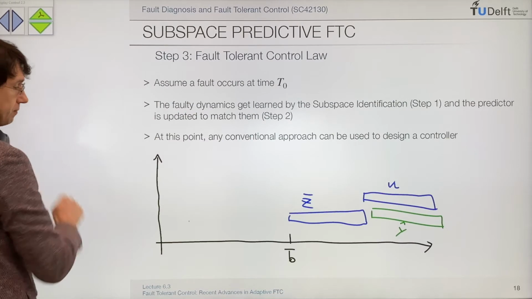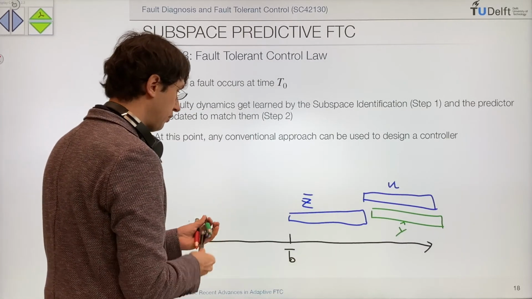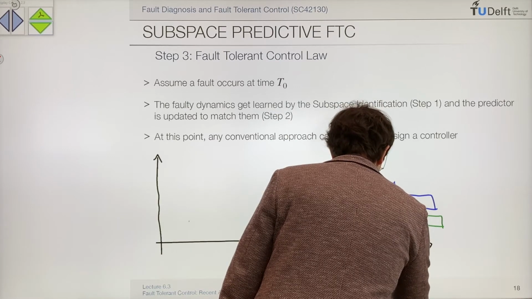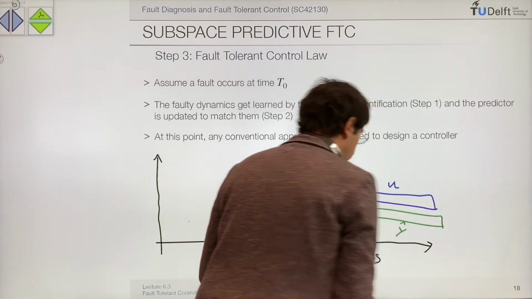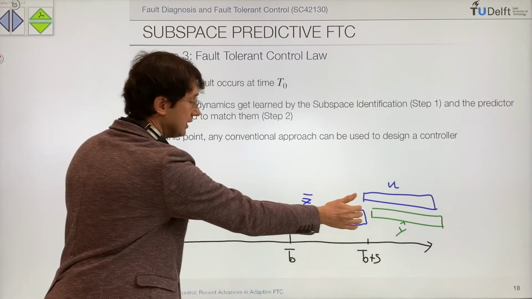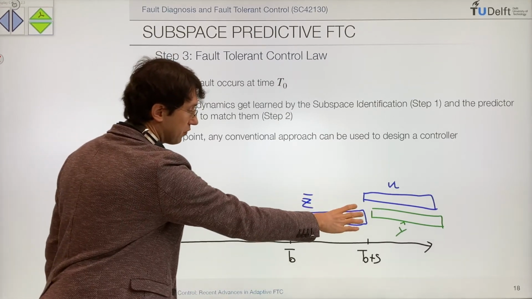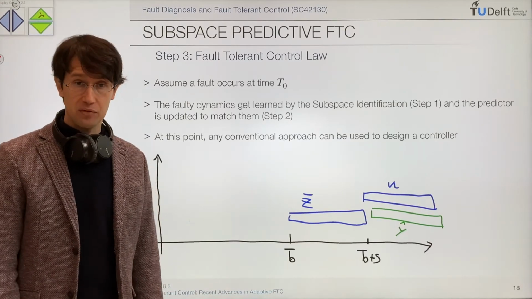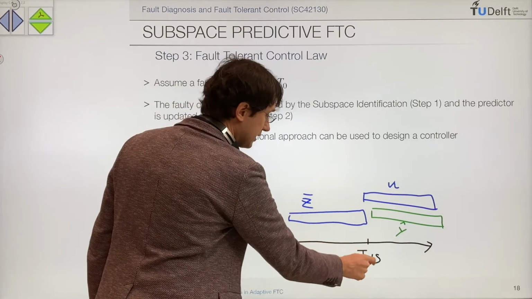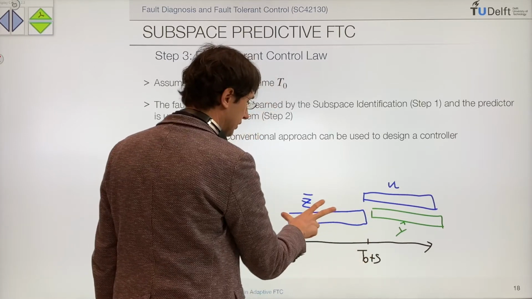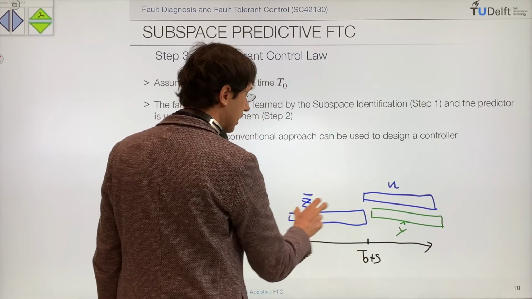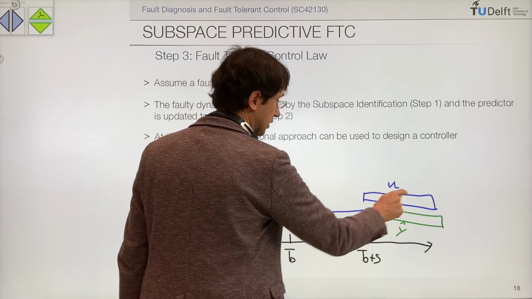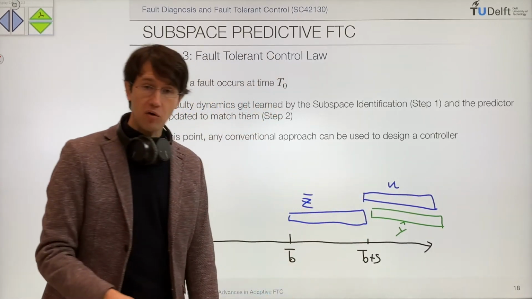So when we are at time t0 plus s, finally, all the time window that we use for identifying the model and designing the controller is past the fault time. So when we get to this time instant, we identify a model using only faulty data. So this is a model representing the faulty dynamics, and so the controller and the control action we compute here is accommodating the fault.